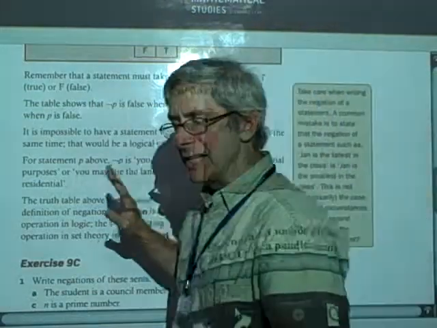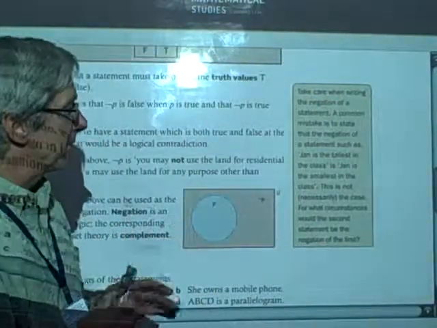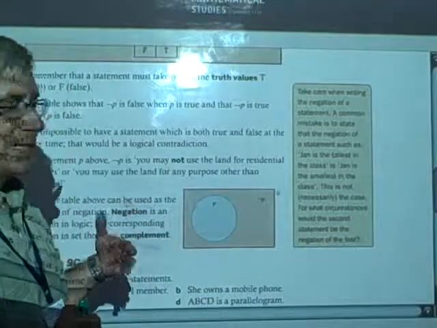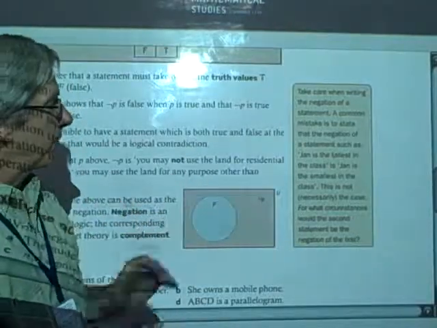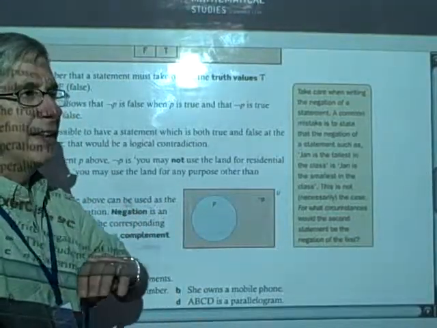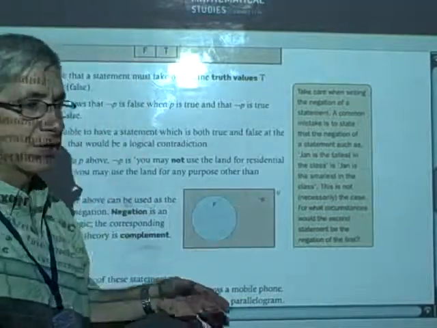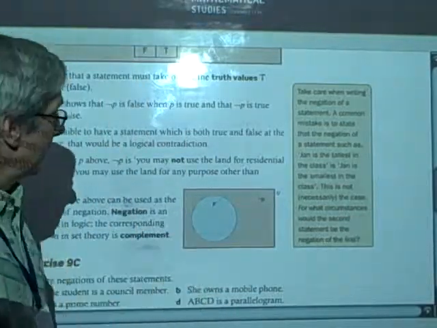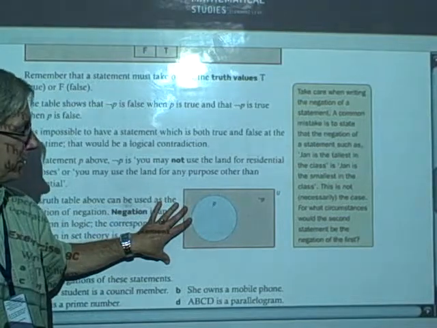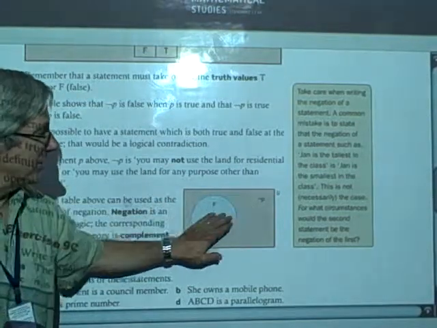What this one says is the negation of a statement sometimes can be confused. If I say my statement is Jan is the tallest person in class, the negation isn't that she's the smallest person in class, it's just that she's not the tallest. You'll also notice another set theory correlation here between negation and complement.